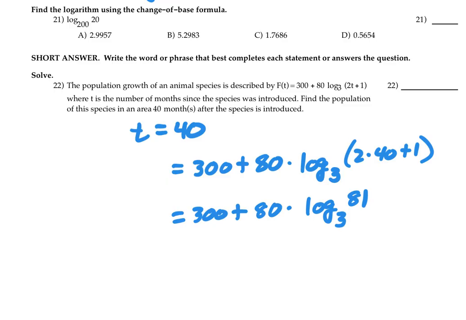Okay. Now, before I can do anything else, I have to evaluate that. That is a number. And we saw a couple problems like this just on the previous page. Log 81 base 3 is equivalent to something. 3 to some power gives me 81. So I've got to figure out what this whole expression equals. And then once I know what that is, then I can just finish out doing the order of operations.